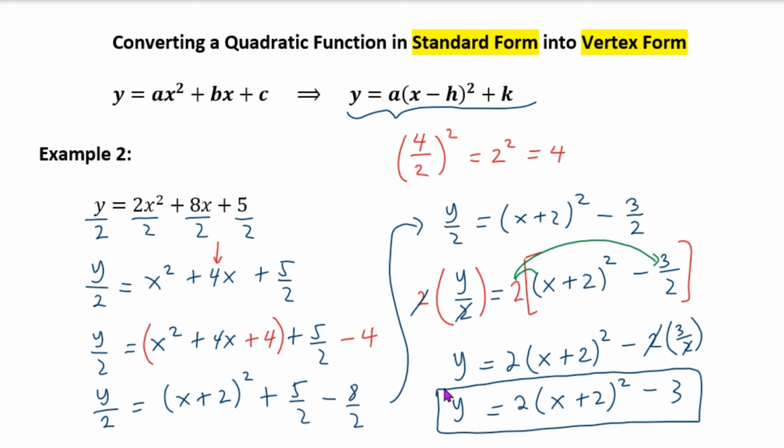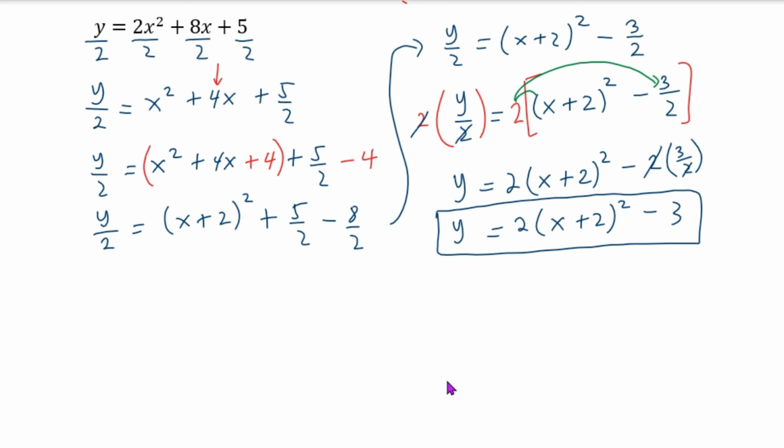Now let's identify the vertex. Again, let us write the inner expression as x minus h. So this one is equivalent to y equals 2 times the quantity x minus negative 2 squared minus 3. So the value of h is negative 2 and the value of k is negative 3.